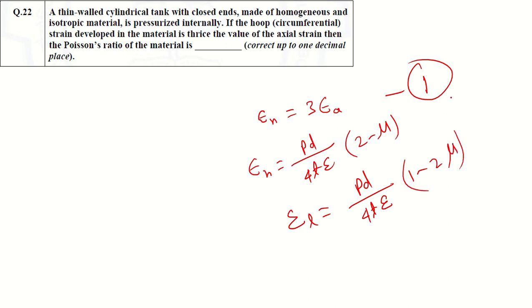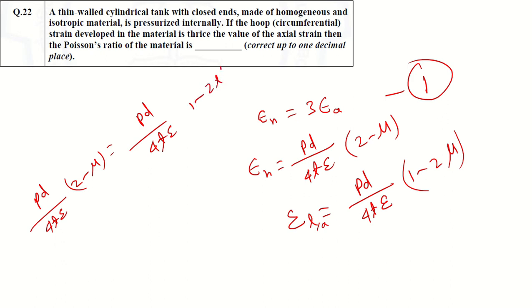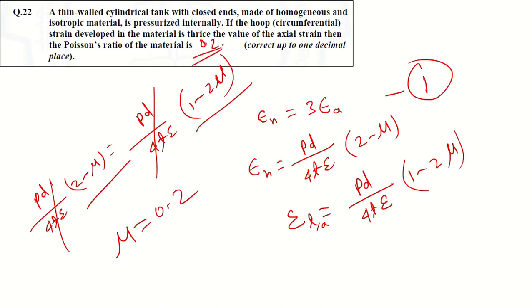So from equation 1, we write EH equal to 3 into EL, longitudinal or axial. So PD by 4TE (2 minus mu) equals 3 times PD by 4TE (1 minus 2 mu). This cancels, this cancels, we solve this and finally we get mu equal to 0.2. 0.2 is the right answer.